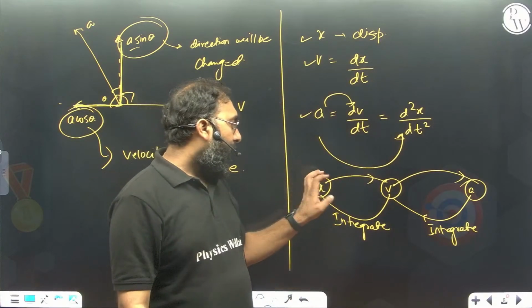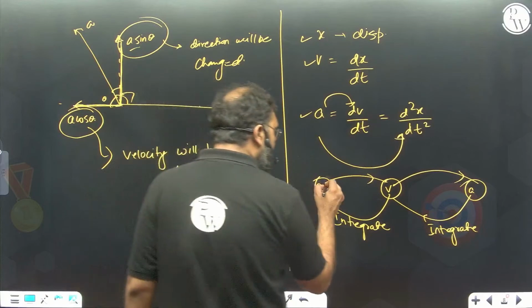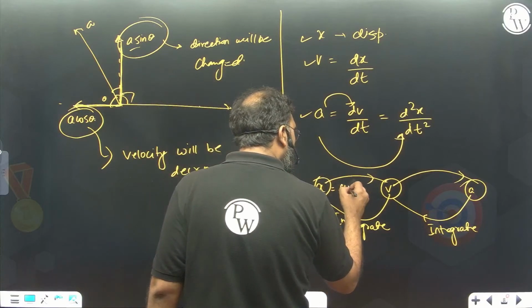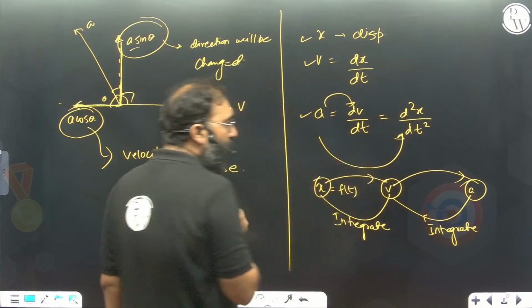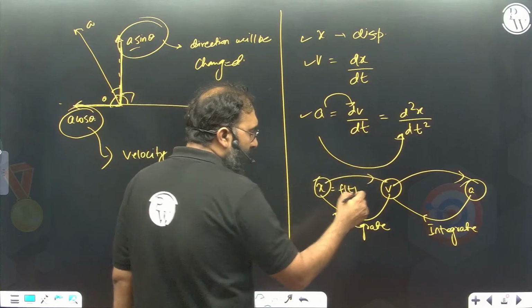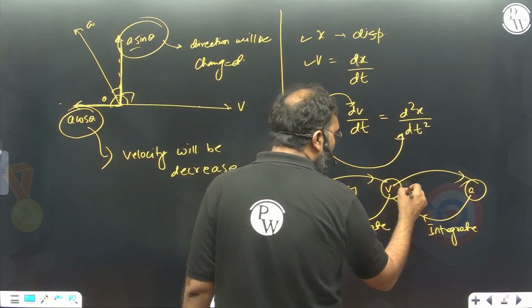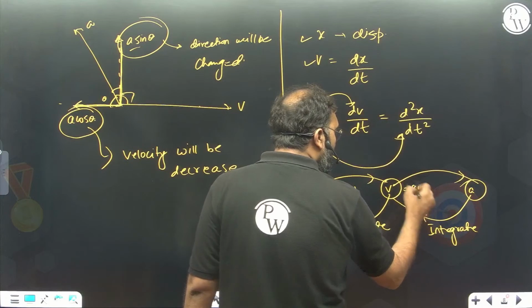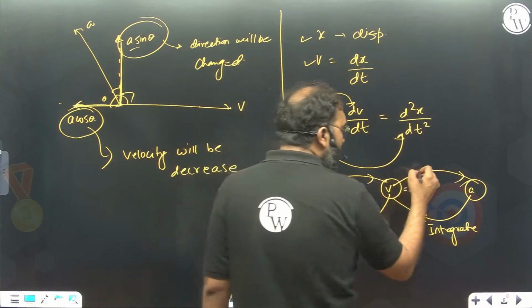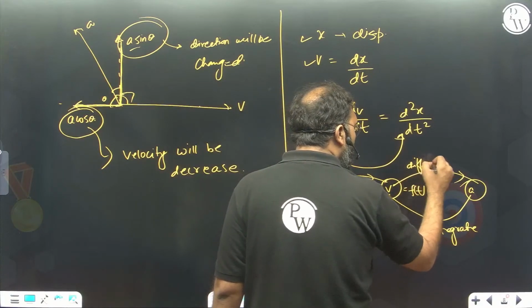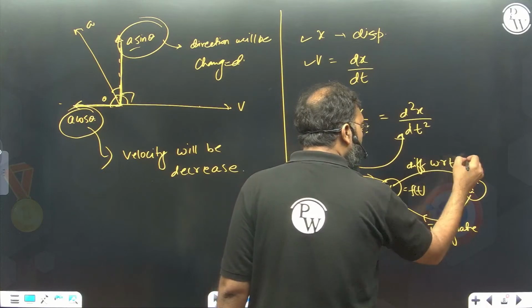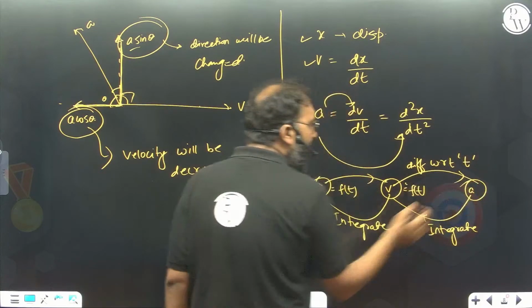So let's say x is a function of time. If I differentiate it with respect to time, I get velocity, and if I differentiate velocity with respect to time, I get acceleration.